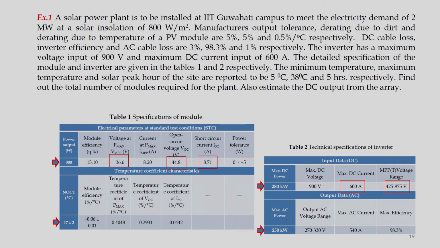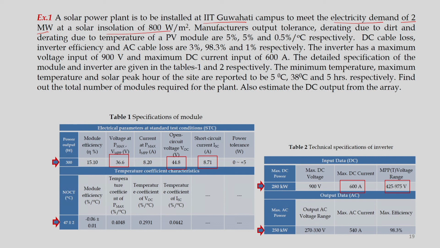So, let us now take an example so that you understand how this kind of problem can be solved. The example goes something like this. A solar plant is to be installed at, say, IIT Guwahati campus to meet the electricity demand of 2 megawatt at a solar insolation of 800 watt per meter square.